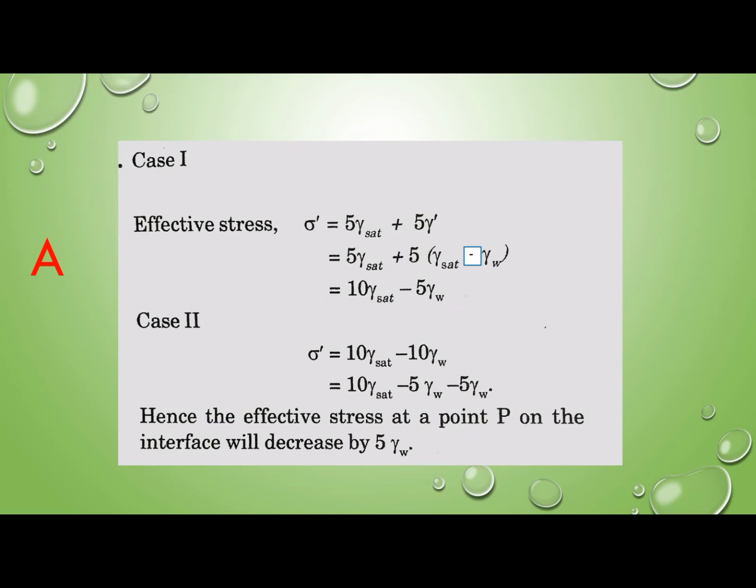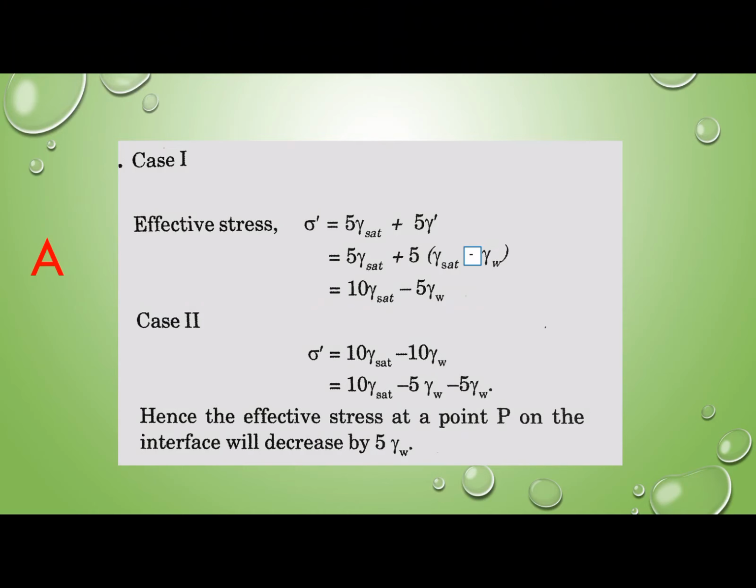We know gamma dash is gamma saturated minus gamma W. So it is 10 gamma saturated minus 5 gamma W. Case 2: sigma dash is equal to 10 gamma saturated minus 10 gamma W, which is equal to 10 gamma saturated minus 5 gamma W minus 5 gamma W.